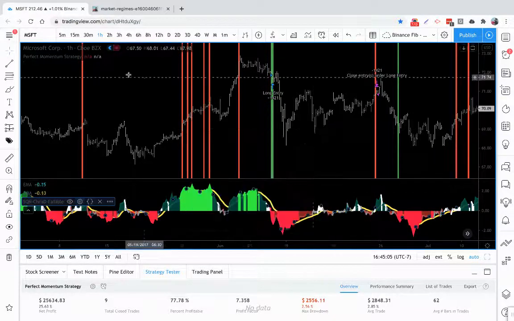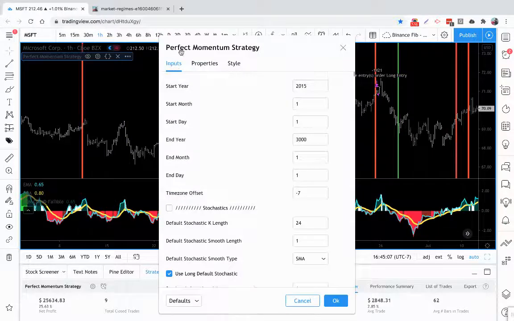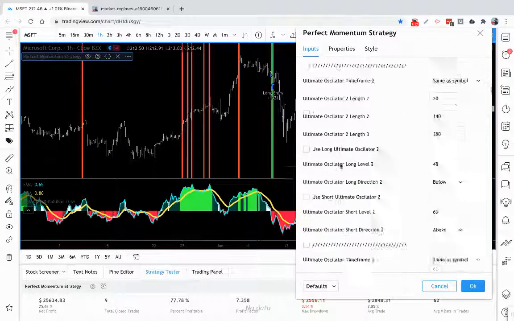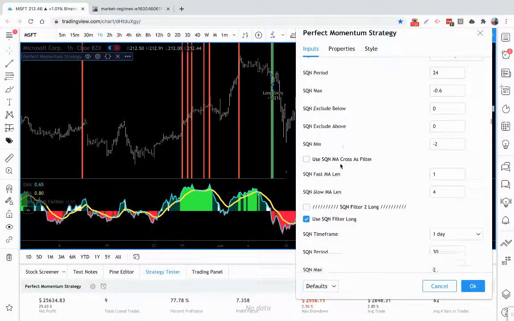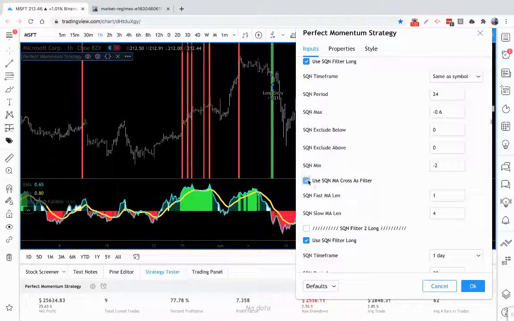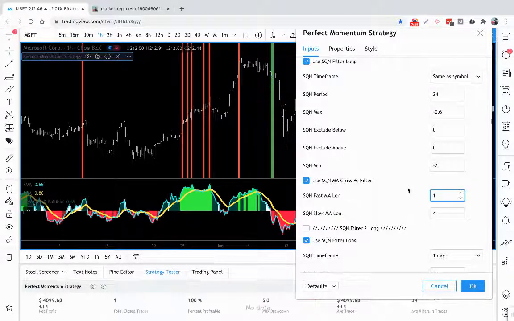And we would just go to our market regime moving average cross. Let's find that real quick. And we want the fast to be 1, and the slow to be 12.